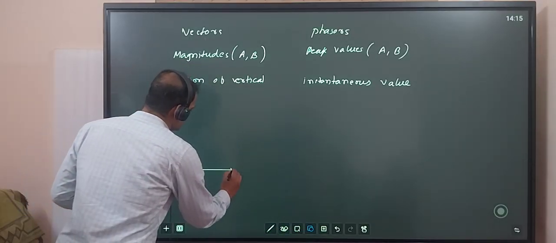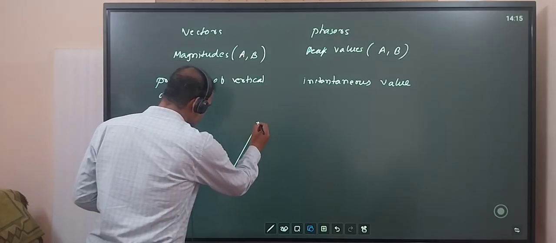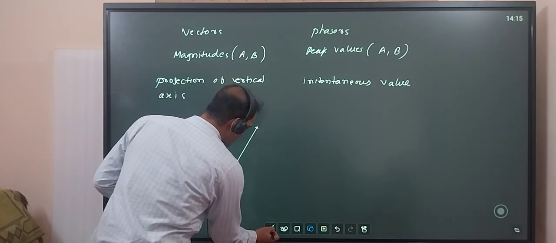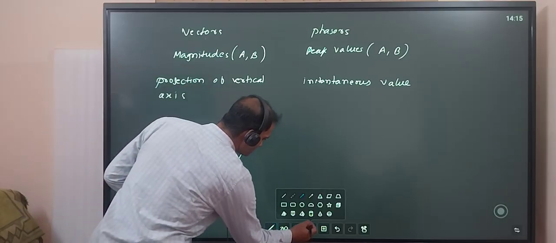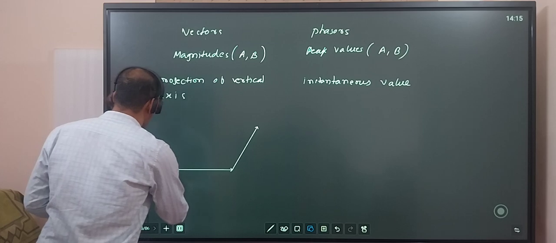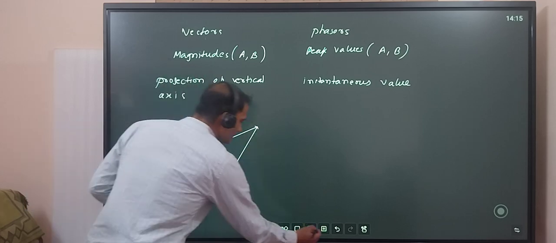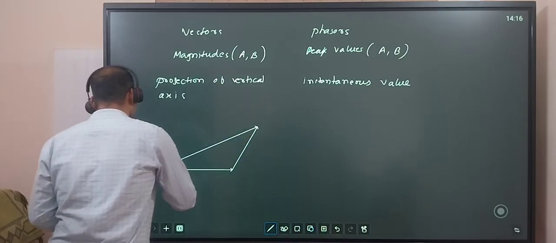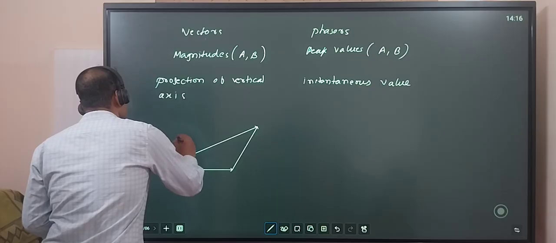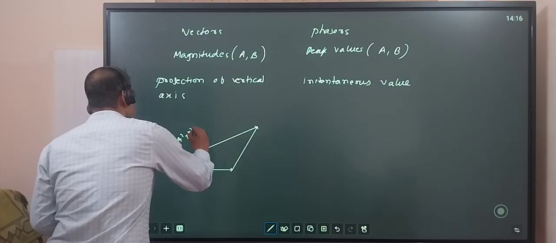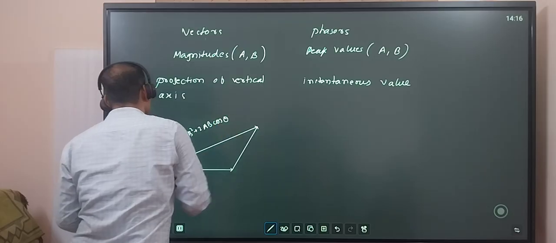So this is our vector A, this is our vector B, and this is our R, and this R is root of a square plus b square plus 2ab cos theta.